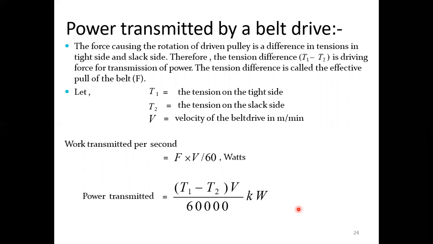The tension difference is called the effective pull of the belt, F. V is the velocity of the belt in meters per minute. Work transmitted per second is equal to force into velocity divided by 60 watts. So the power transmitted formula is equal to (T1 minus T2) into V divided by 60,000 kilowatts.